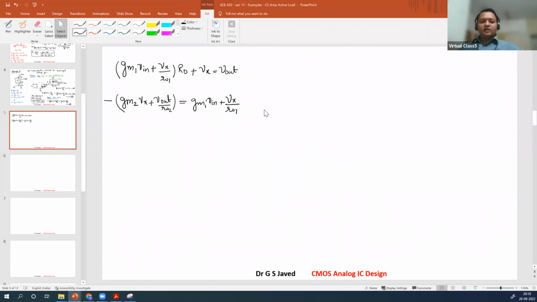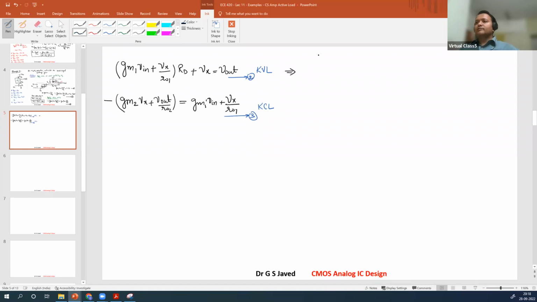Now let us find a way to remove Vx from this equation. First thing, this is equation 1 from KVL. Sorry, equation 2 from KVL. This is equation 3 from KCL. Okay. Now utilizing 2 and 3, we will simplify.